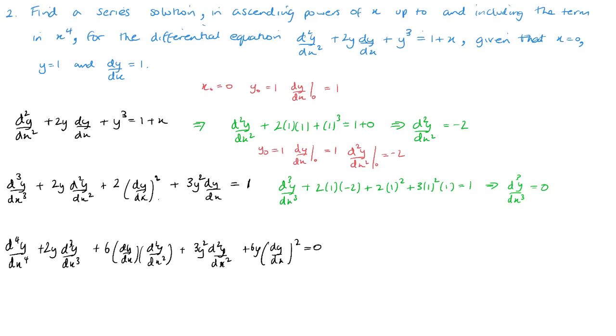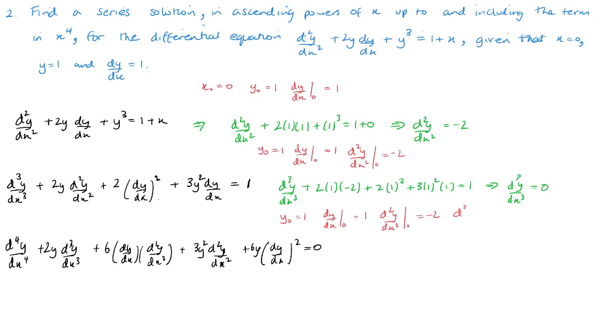And then substituting into my final one, I've got y0 equals 1 going in. dy by dx when x is 0 equals 1 is going in. d2y by dx squared when x is 0 equals minus 2 is going in.